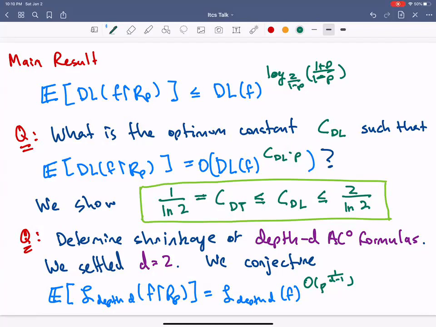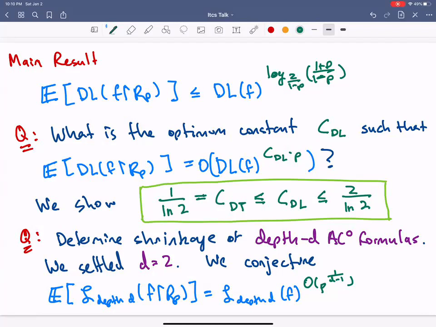And we can also show it's lower bounded by the corresponding constant for decision tree size, which is exactly equal to 1 over natural log of 2. In some sense, this constant should be thought of as the shrinkage exponent in the setting of decision list size.